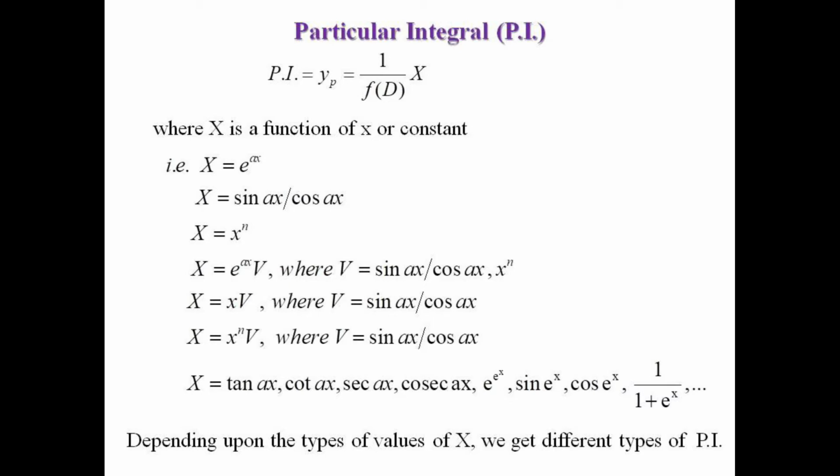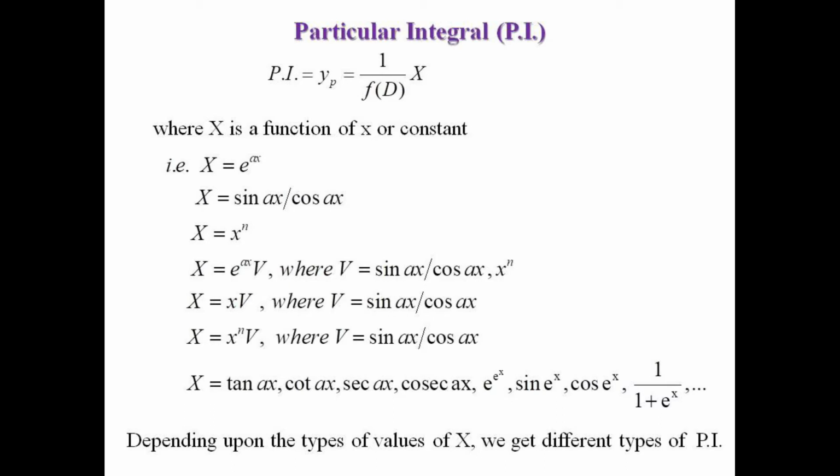Capital X may be x into v, where the power of x is 1 and v may be a trigonometric function like sine of ax or cos of ax. Capital X may be x raised to n into v, where the power of x is greater than 1 and v is a trigonometric function, either sine of ax or cos of ax.